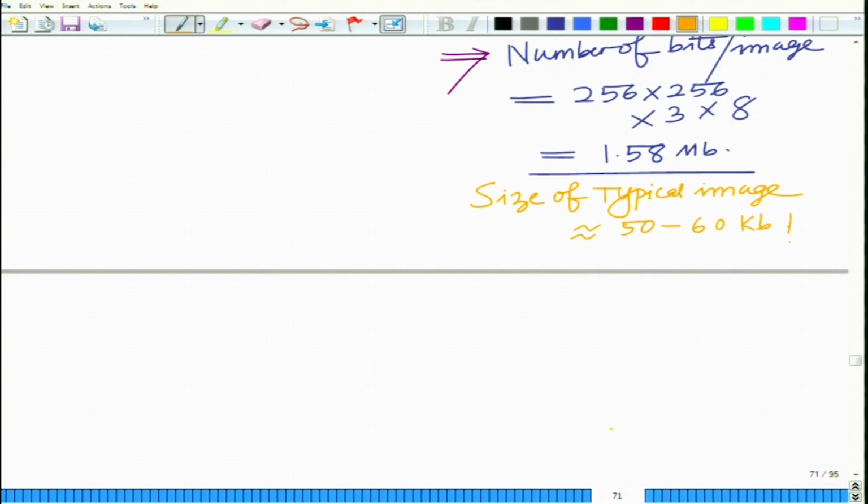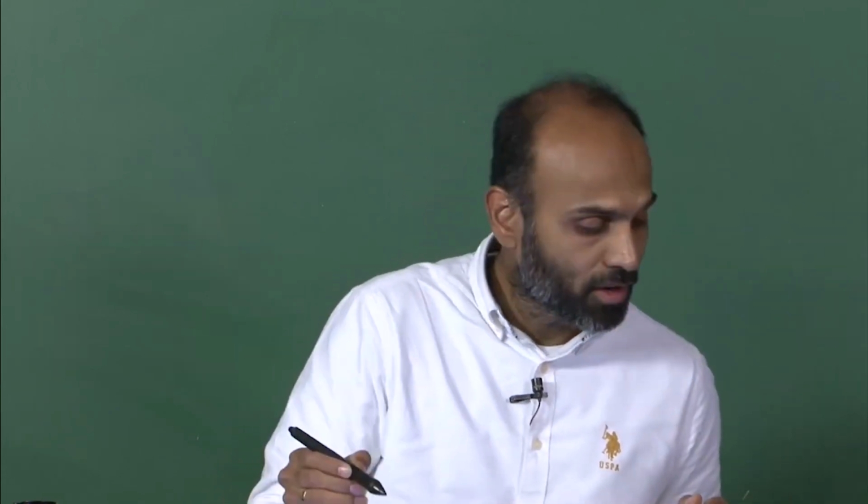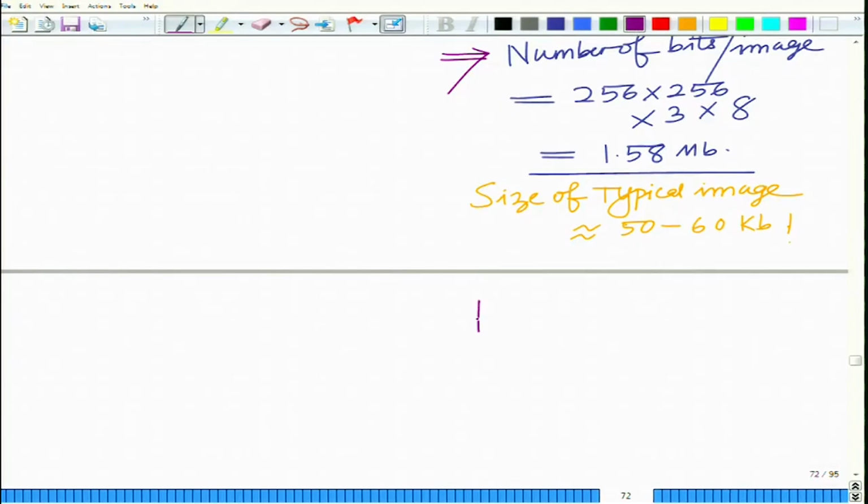How is it that you are able to store an image at such a small size, even though the raw image has so many bits? The obvious answer is that instead of storing a raw image, the image is being significantly compressed in terms of the number of bits.